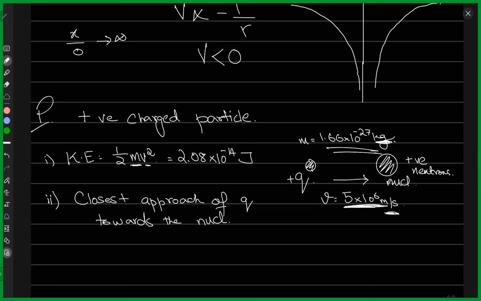So the total electrical energy of this particle, which I'll call EP, we know is K Q1 Q2 divided by R squared.